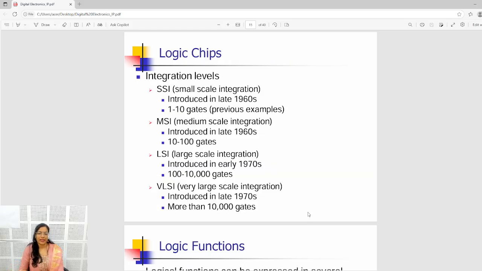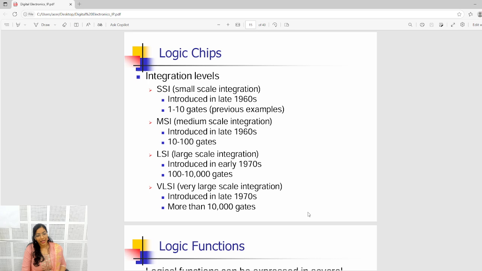Coming to the next level of our discussion, which is about logic chips. There are integration levels, as we can see in this slide. SSI, small scale integration, was introduced in the late 1960s and consists of 1 to 10 gates. Next is medium scale integration, MSI, with 10 to 100 gates.